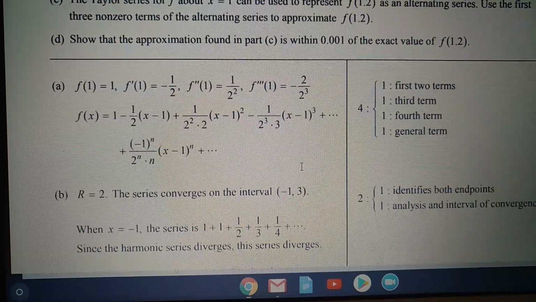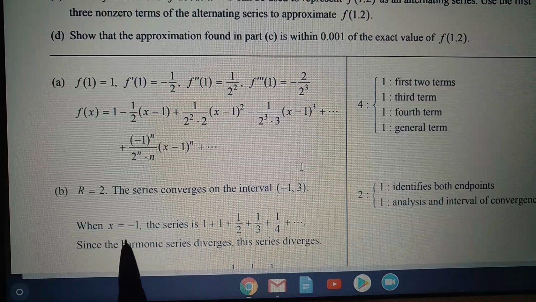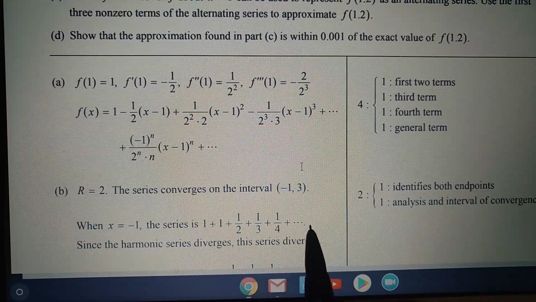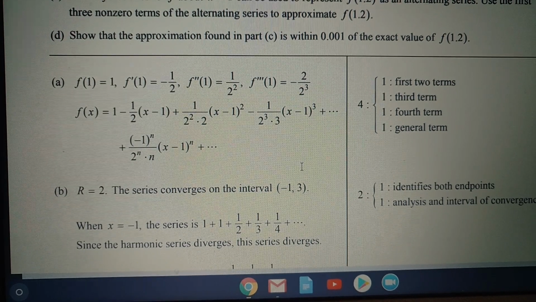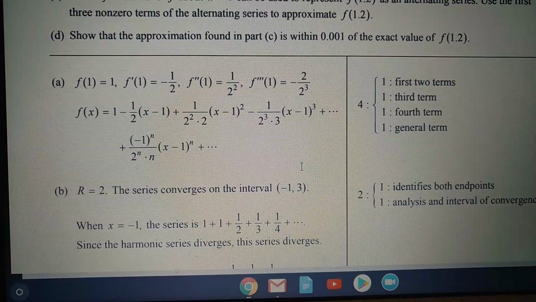So when x is -1, this series is going to diverge, and you can say it's the harmonic series. You can also say it diverges by the p-series test, which would be the easiest way to say it. Either way would work on that.